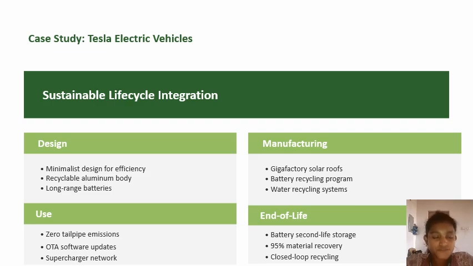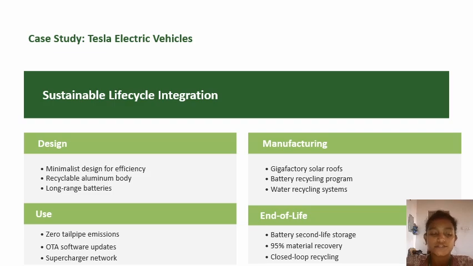A real case study in this world for sustainable product manufacturing is Tesla electric vehicles. First, they design the product with the usage system in mind, then manufacture the product, then the consumers use it, then comes the end of life of the product. The design is minimalist for efficiency, with a recyclable aluminum body and long-range batteries. Manufacturing uses Gigafactory solar resources, a battery recycling program, and a water recycling system.